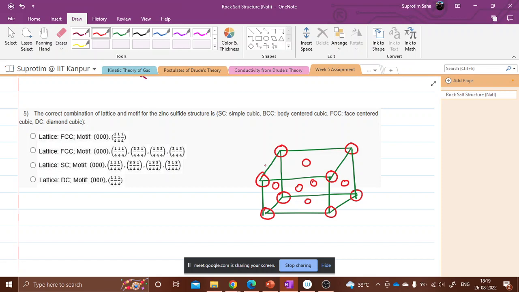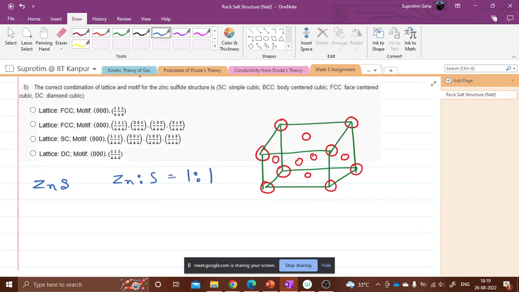So zinc sulfide. The Zn to S valency ratio is 1:1, right? So the stoichiometry is also 1 for that reason.